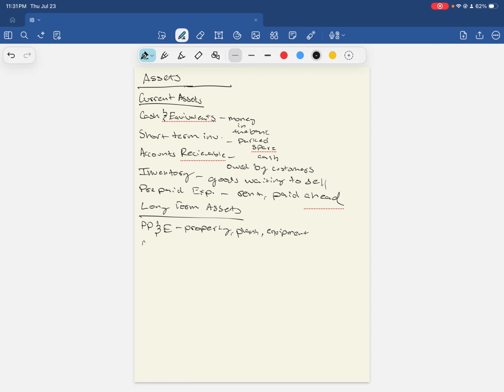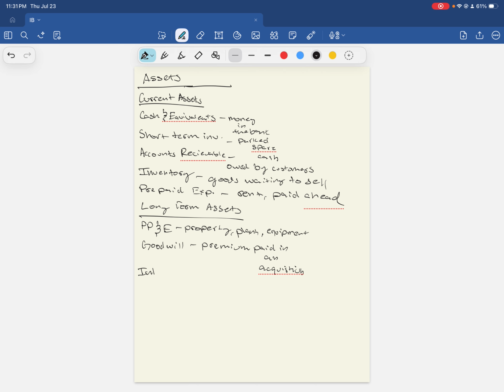And then you have your goodwill. Goodwill we'll touch on a little more when we get into the cash flow statement and talk about acquisitions, but this is basically the premium paid in an acquisition.